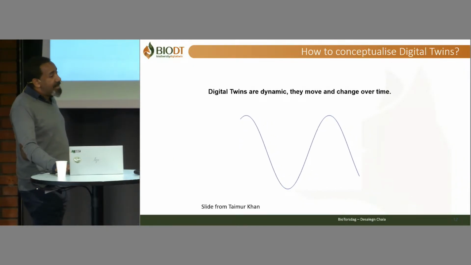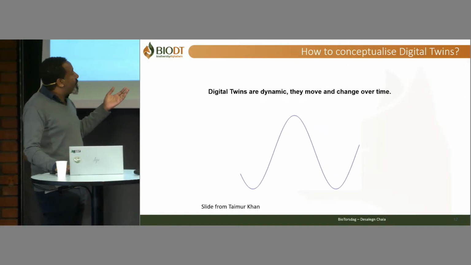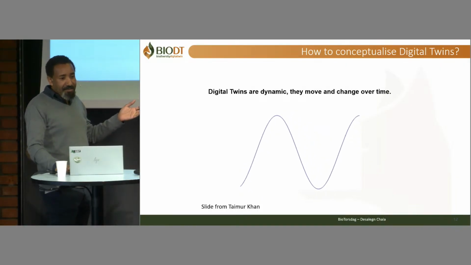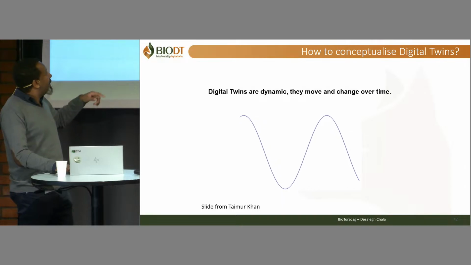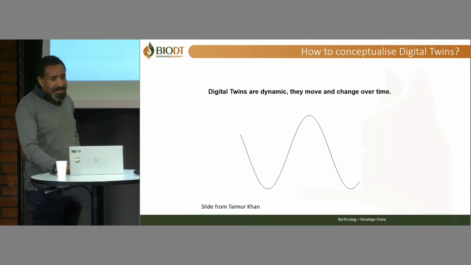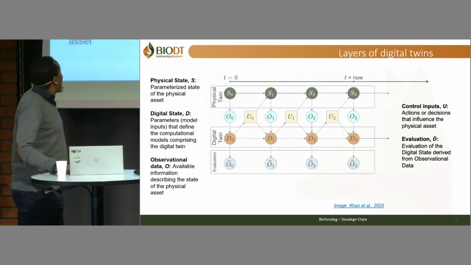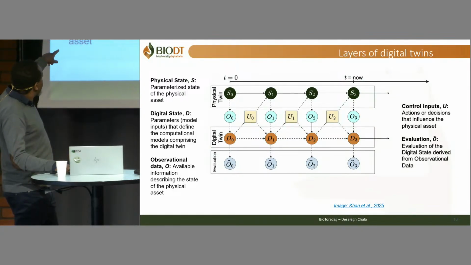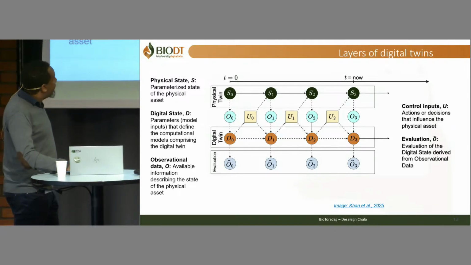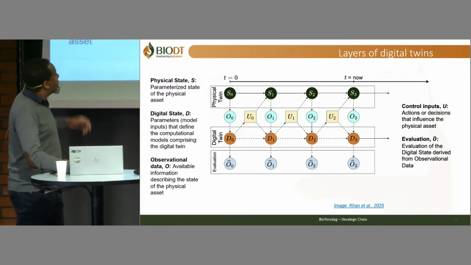So in general, a digital twin is dynamic. They move and they change with time, linking data from a real object or process with the digital version. So it normally has the physical state or the physical object. It has observational data from that physical object. It will have the digital version.